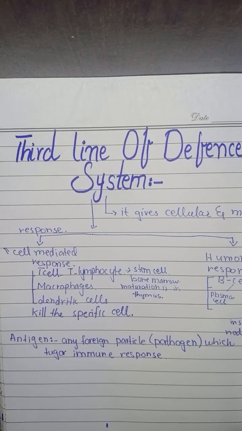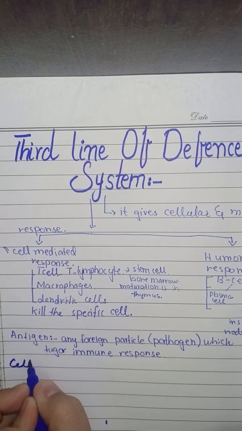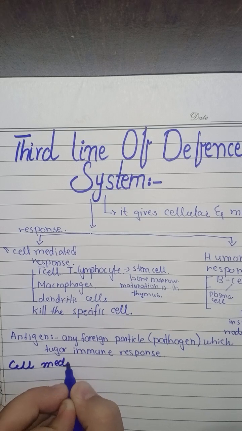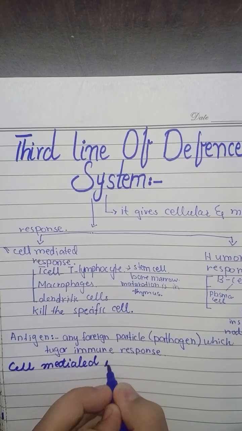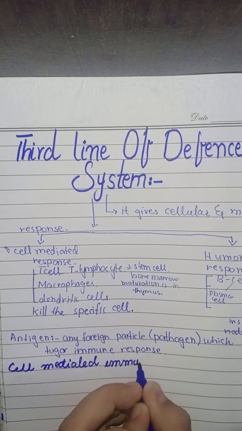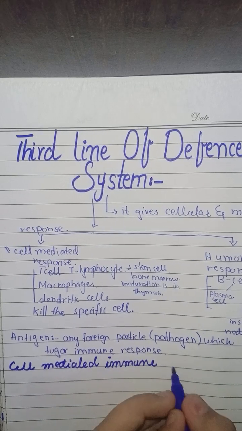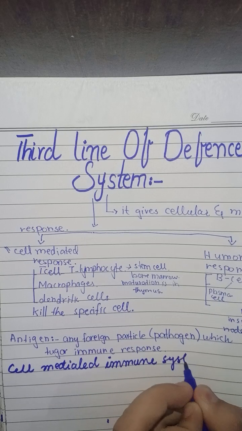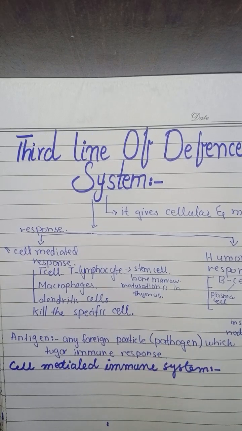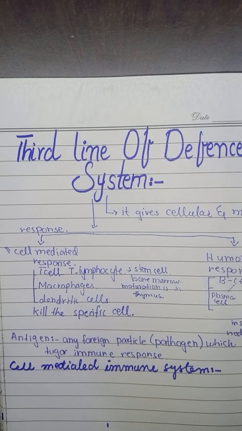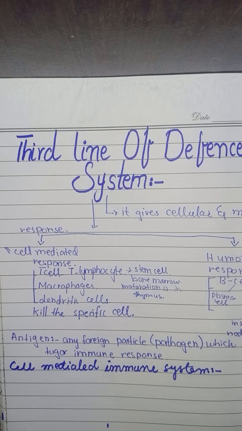So let's see here. We have the cell mediated immune system. Here the major cells play the main role.